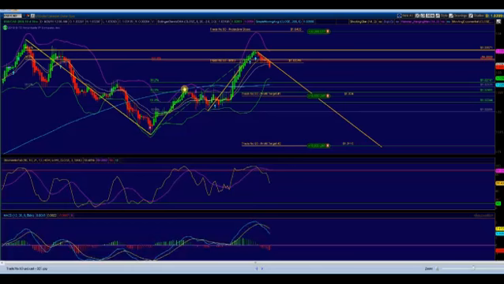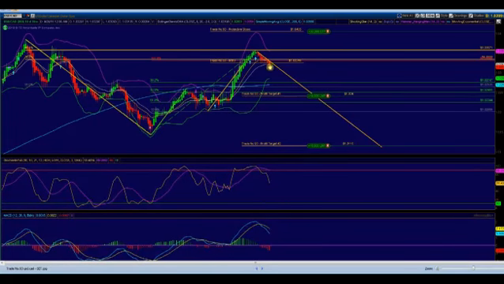The BC leg of this AB move retraced just shy of the 50% retracement of that AB move, and then the overall ABCD harmonic pattern completed exactly at the 886 retracement of the XA leg.